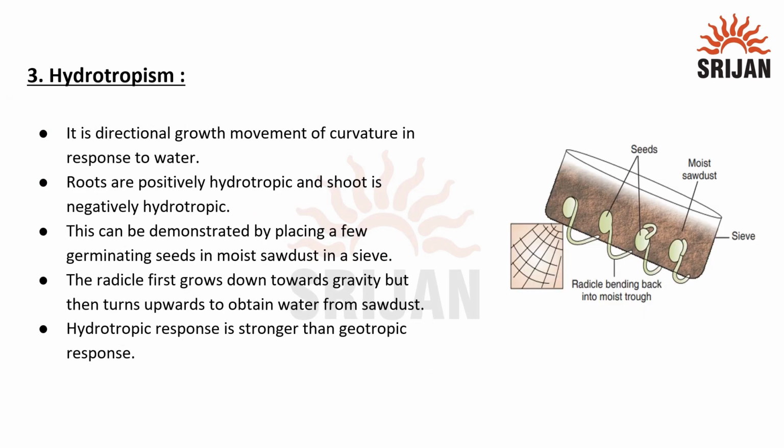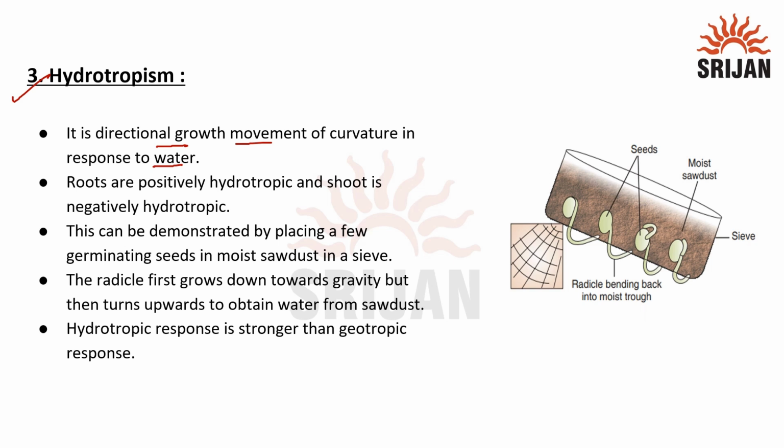Moving on to the next type of tropic movement, we have hydrotropism. The word hydro means water and tropism means growth dependent movement. So we can define hydrotropism as directional growth movement of curvature in response to water. A plant contains two regions, the shoot region and the root region.